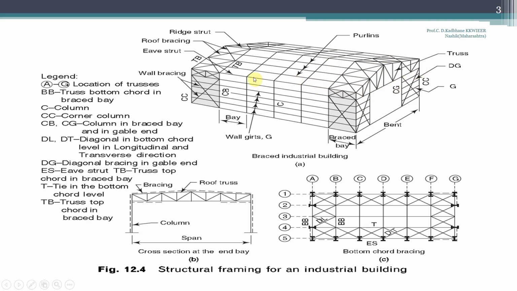Here all these members running parallel to the length of the structure on the top of roof trusses are called purlins. So purlins are parallel to the length of the structure. Similarly, on the wall cladding there are horizontal members, and these horizontal members act as a support for the wall panels, and they are called wall girts.